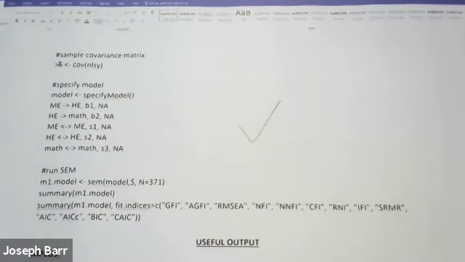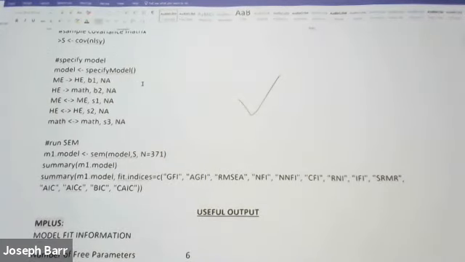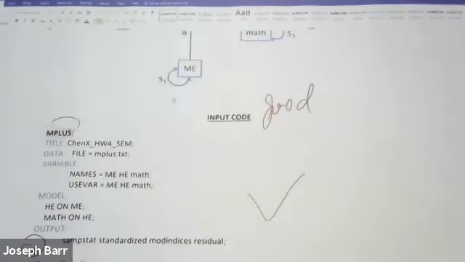That's for M+. And for R, she also provided the input code. We are going to use a library, SEM, and the working directory. And this is our data file. By using read.table, we input our data into R and check the data. And this is a sample covariance matrix S by using COV. And the model specification, so this is our model from ME to HE. This is one path.